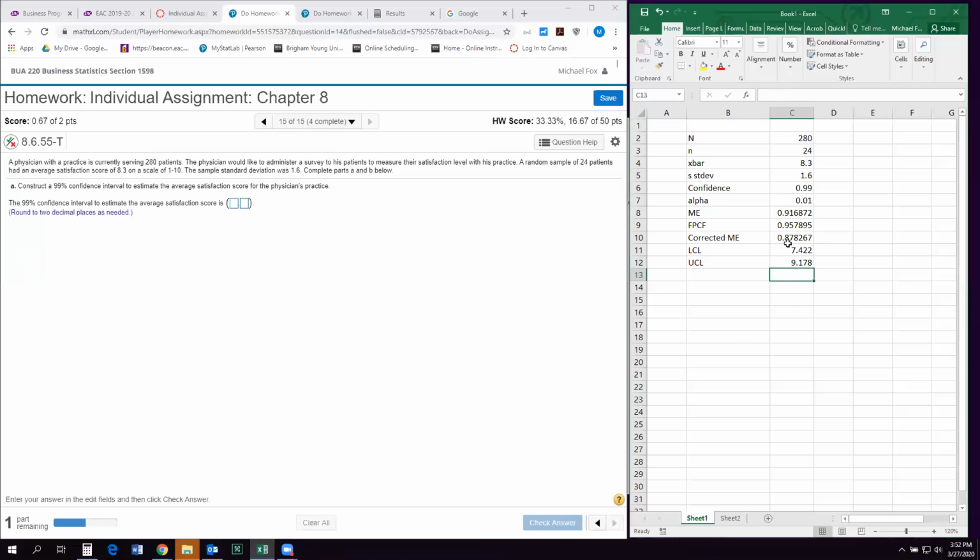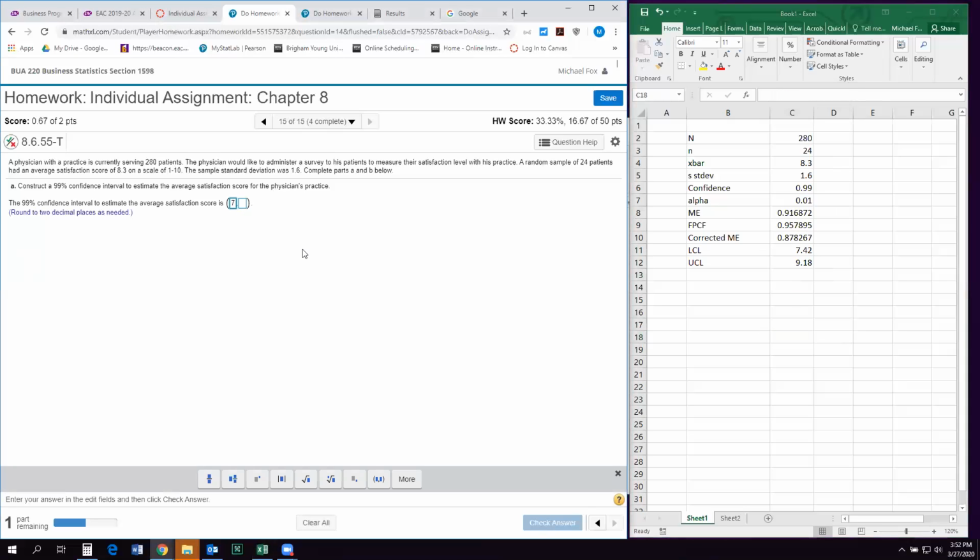This wants us to do 2 decimal places, so we'll do that. And that should be our confidence interval. So we are 99% confident that the true population mean would be somewhere between 7.42 and 9.18.